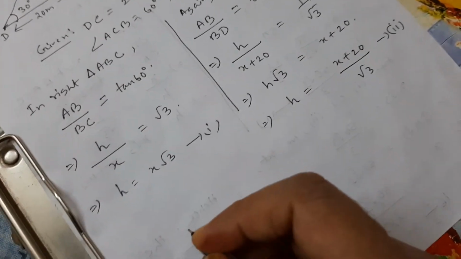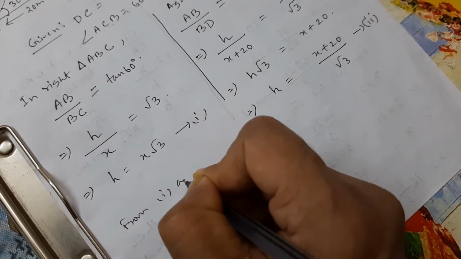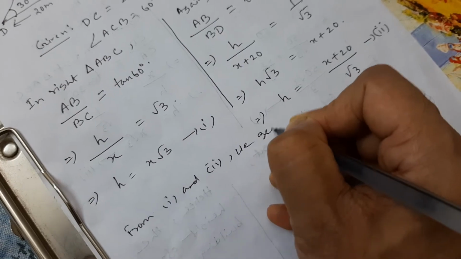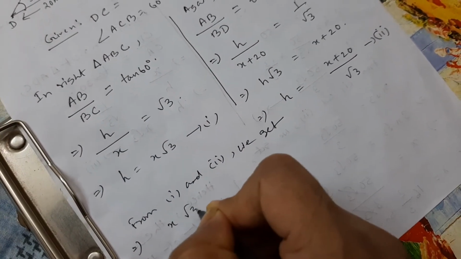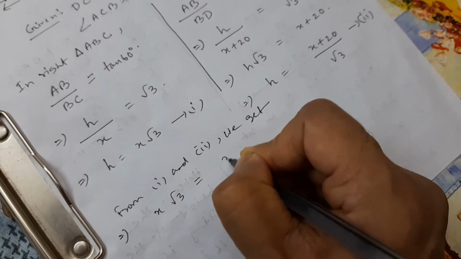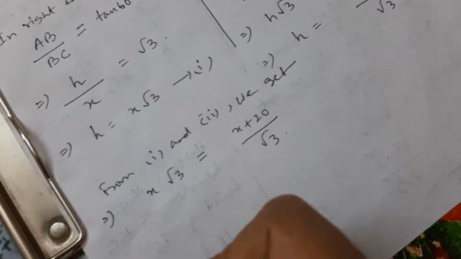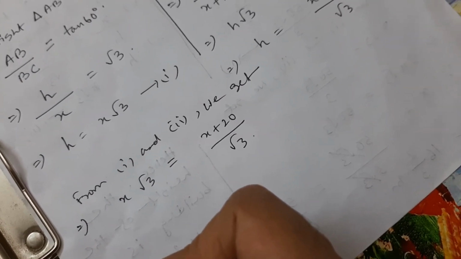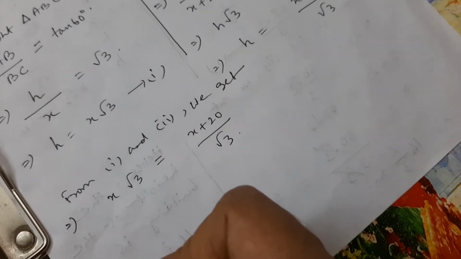Now from 1 and 2, we get x √3 equal to x plus 20 by √3, because h equal to equation 1 and equation 2 also h equal to.